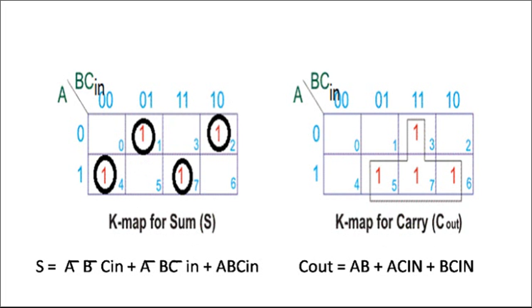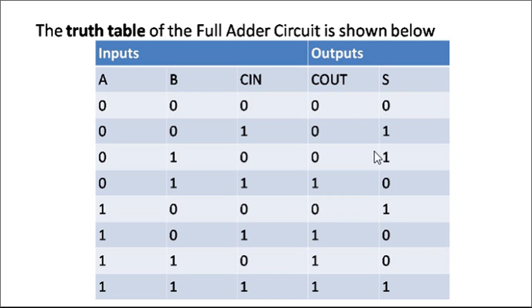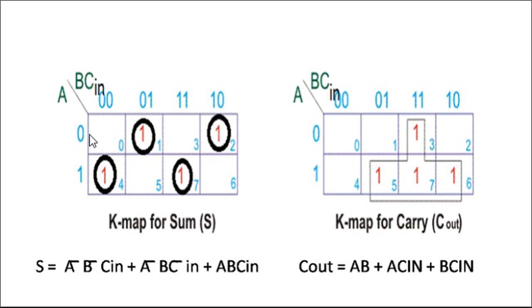Then see here: A 0, B 0 and Cin 1, at that time it is 1. Like this, you can mark the 4 ones. After that we realize there is no chance of forming any groups, pairs or quads, so we handle them individually.